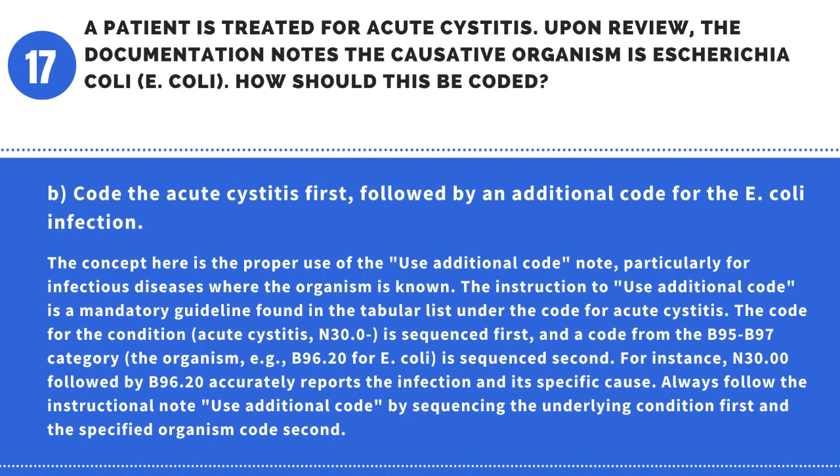For instance, N30.00 followed by B96.20 accurately reports the infection and its specific cause. Always follow the instructional note use additional code by sequencing the underlying condition first and the specified organism code second.